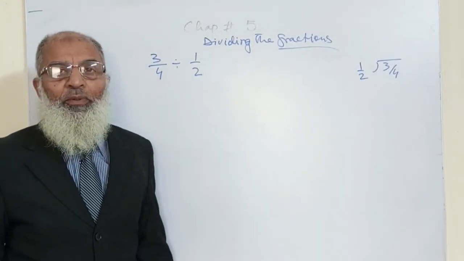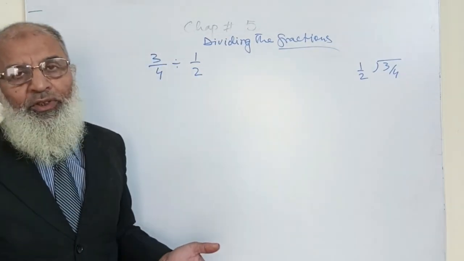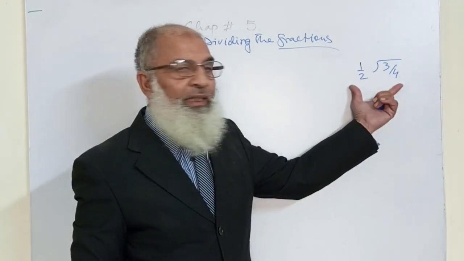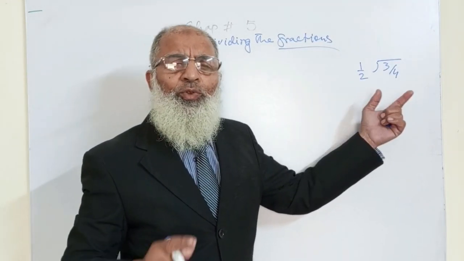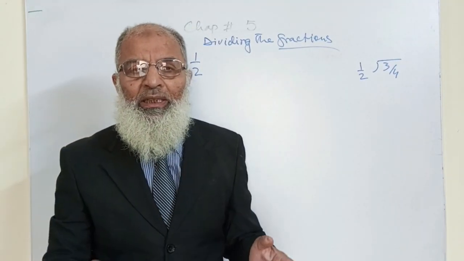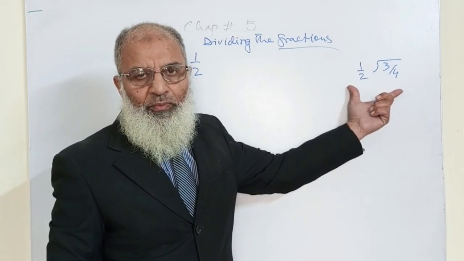Now, will it be possible for you to divide a fraction with a fraction? Certainly not. Though I can do this, it is easy. But as far as you are concerned, this way is not possible for you.